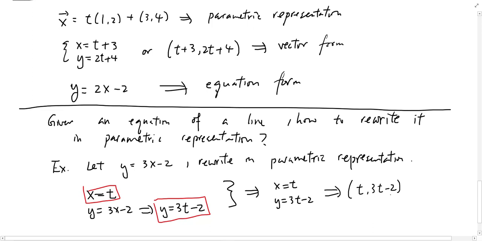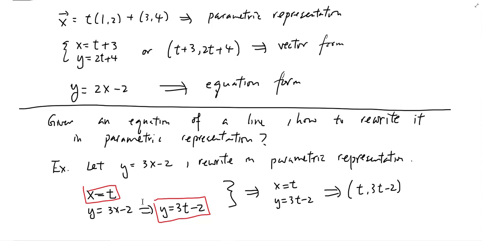Now, here comes another important step that you need to know. This shows a vector form of our line, and it's pretty easy. You just let x equal t. The easiest way to rewrite an equation into a parametric representation, something worth writing down for yourself, is to pick the independent variable to be the parameter, because if you think about it, it makes sense.